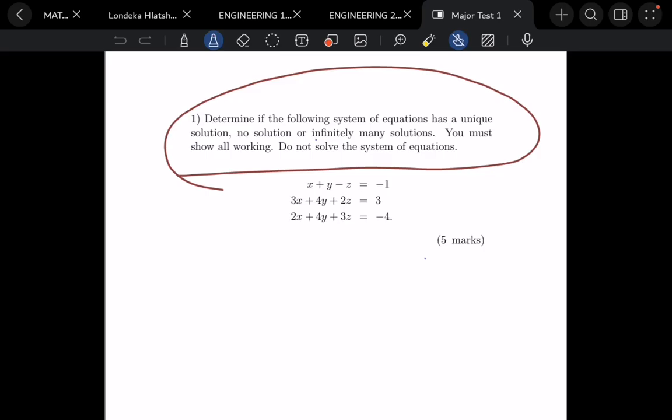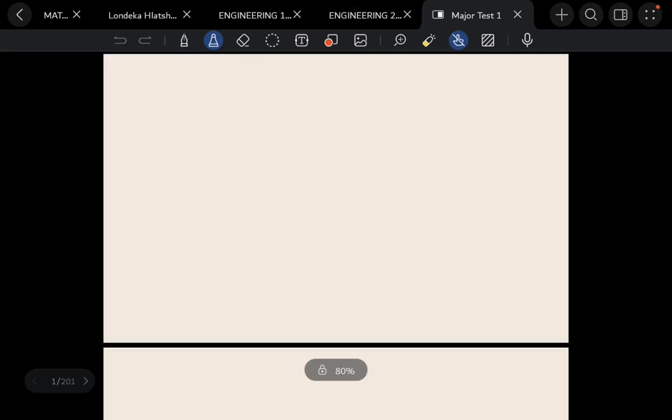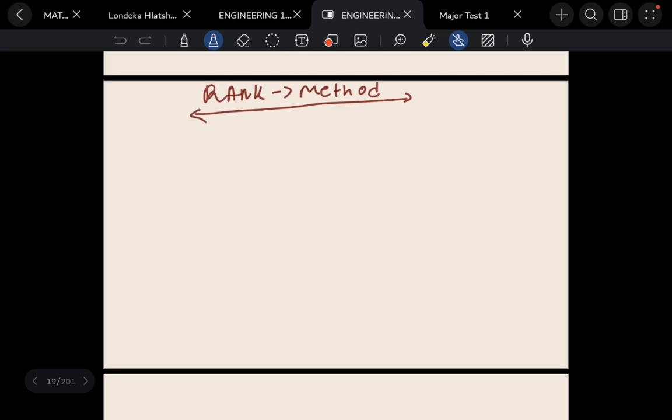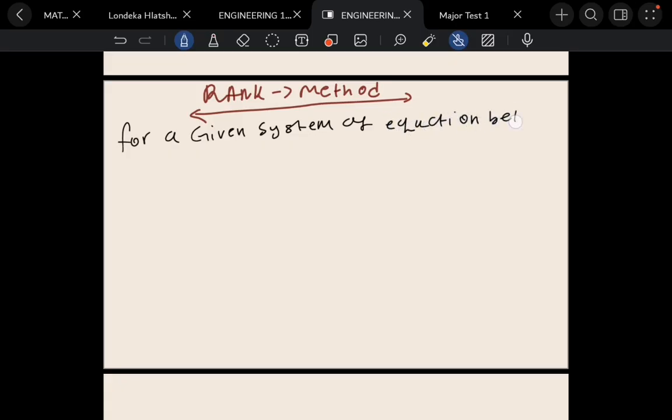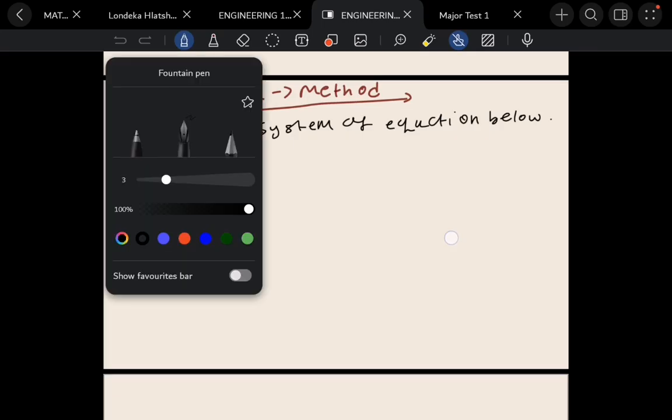So how can you say this is a unique solution, no solution, or an infinite number of solutions? Right, how do you see? Let us start here. For a given system of equations below, I'm going to give you a system of equations now.